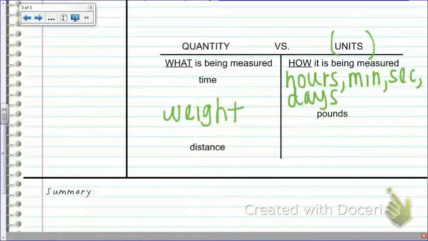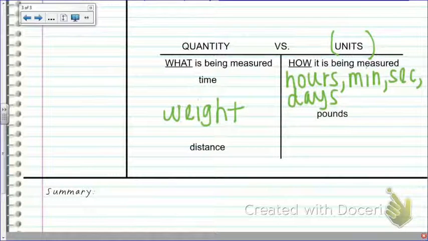What is actually the quantity? Weight, and it's being measured in pounds. Okay, so when it asks you the dependent quantity, you would say weight in parentheses pounds. Okay? If I say I'm losing a pound per week, the independent would be the time, and that's measured in weeks, right?